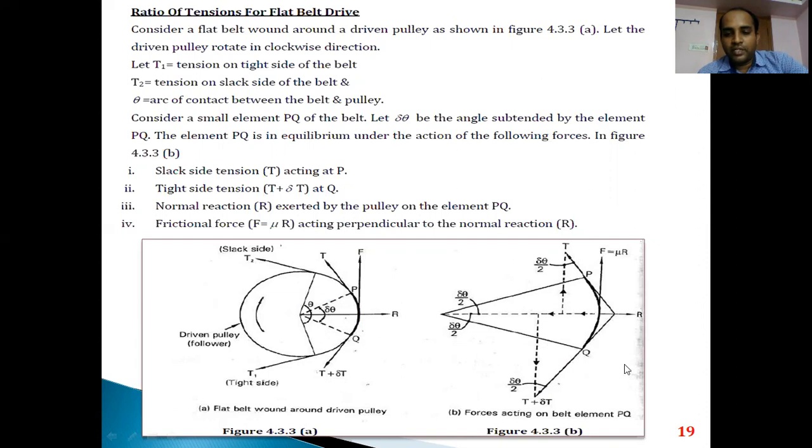With respect to figure B, for the slack side, tension T is acting at point P itself. For the tight side, the tension T plus delta T is acting at point Q. There is a normal reaction force R developed by the pulley on the element PQ, and there is a frictional force F equal to mu R when the belt is in contact, acting perpendicular to the normal reaction force. These are the conditions.